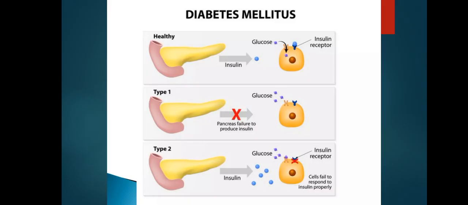In type 2 diabetes mellitus, the pancreas produces insulin, but the cells fail to respond to the insulin property. Look, here the insulin is produced, but the cells fail to respond to it.